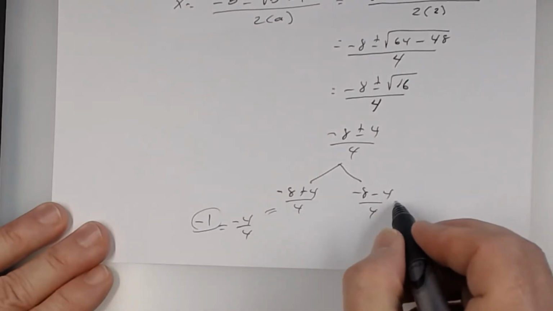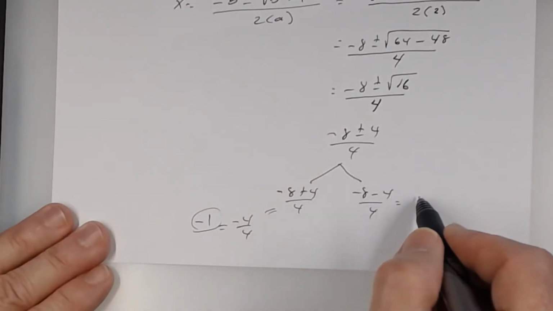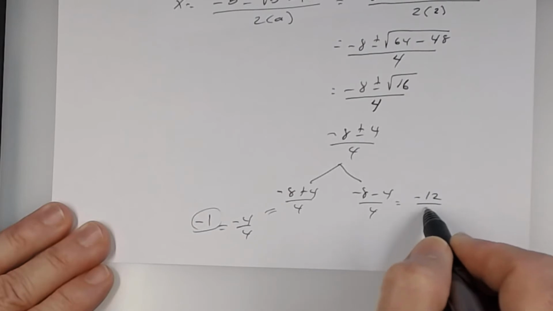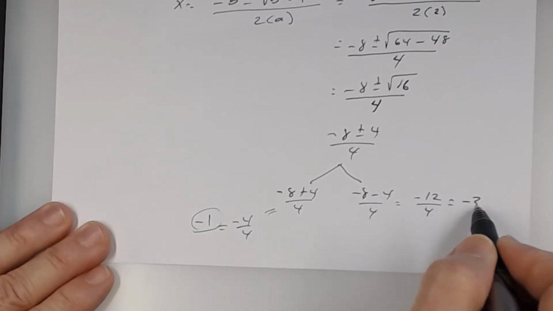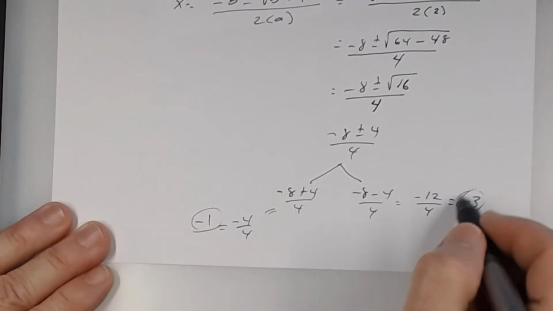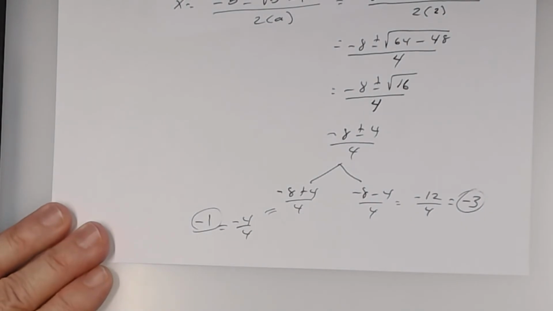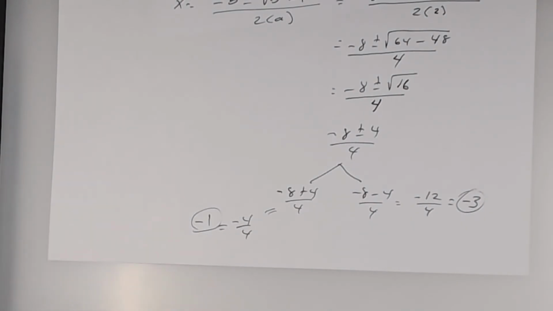The other x-intercept, what's negative 8 minus 4, over 4, which is negative 3. So there's the other x-intercept. So remember when you solve those quadratic equations, those solutions happen to be what part of the graph? The x-intercepts. That's what they are.